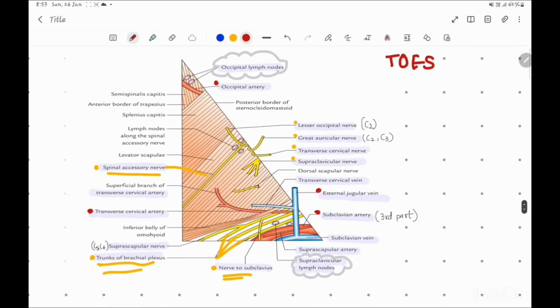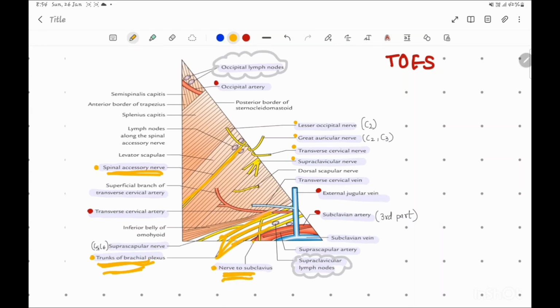This is the diagram. I've marked all the important nerves with yellow and arteries and veins with red. Let us first talk about the nerves. The first nerve that we have is the spinal accessory nerve. Then the trunks of the brachial plexus, which we have already seen.